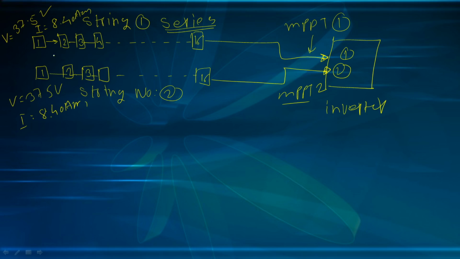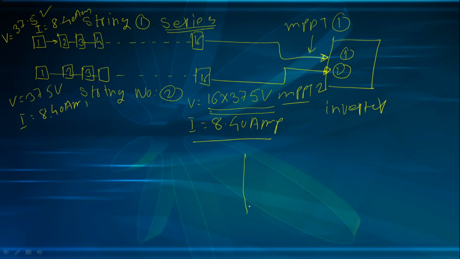So the voltage of the whole string is nothing but 16 panels multiplied by the voltage of the individual solar panel. So we get 16 multiplied by 37.5 volt. This much is the voltage of the individual string. And the current of the individual string will remain the same, that is 8.40 ampere. Why? Because in a series connection typically the current remains the same, only the voltage gets added.